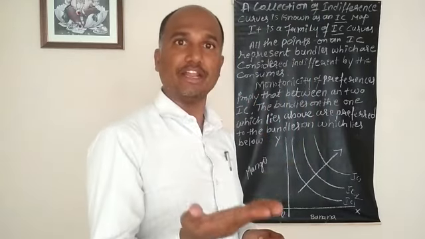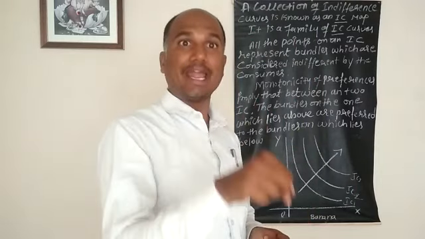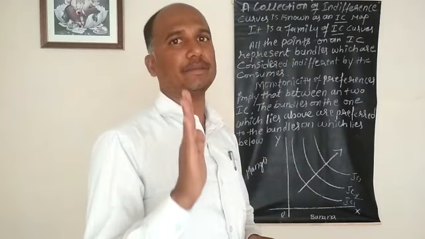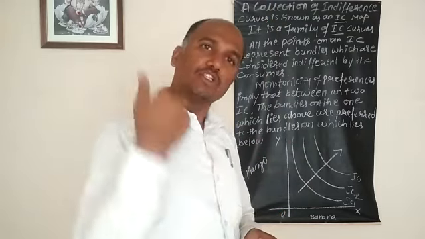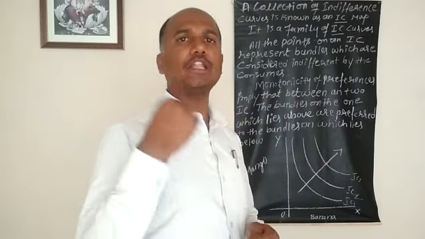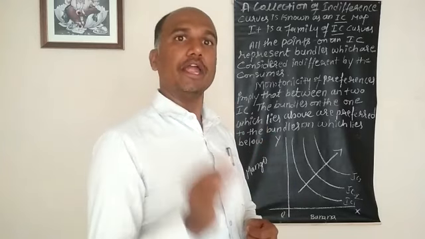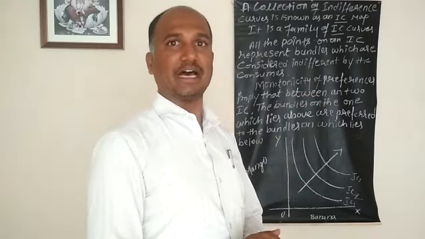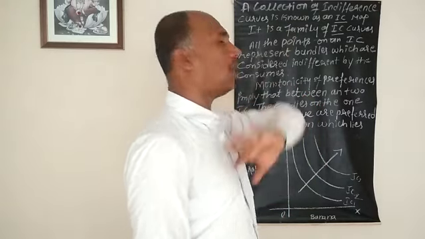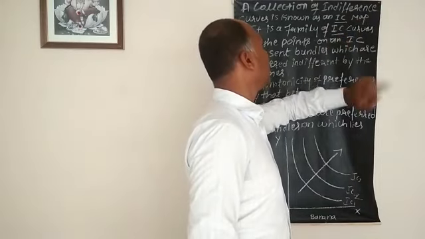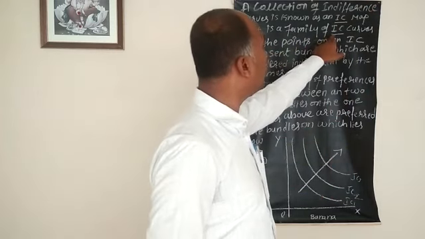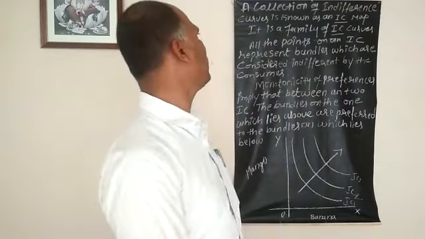It means more than two indifference curves situated in one graph is called an indifference map. You can also define it as a family of indifference curves. Family means more than two members. So it is called a family of indifference curves. A combination of indifference curves is called an indifference curve map, the IC map. It is a family of indifference curves.